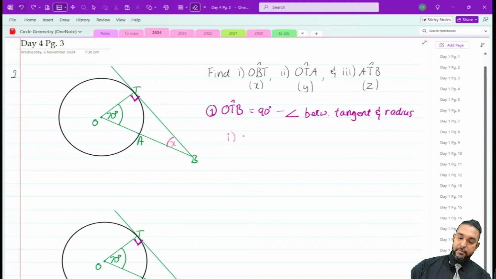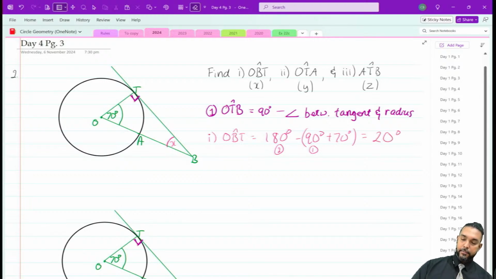So angle OBT will be equal to 180 minus 90 plus 70, yeah? Right, so that's rule 1, that's the second rule we're going to cite. 90 and 70 is 160. 160 from 180 will leave us with 20 degrees, right? So rule 1 applies. Right, and the second rule is that the angles in a triangle sum to 180.